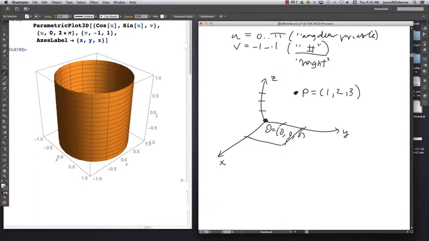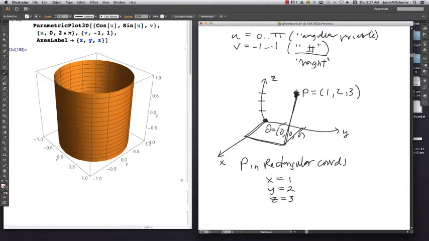So we're so used to thinking in terms of rectangular coordinates that we think the only way to get to this point P is by moving along this grid, right? The point P in rectangular coordinates is x equal to 1, y equal to 2, and z equal to 3. But we don't have to think about this point P only in terms of rectangular coordinates.